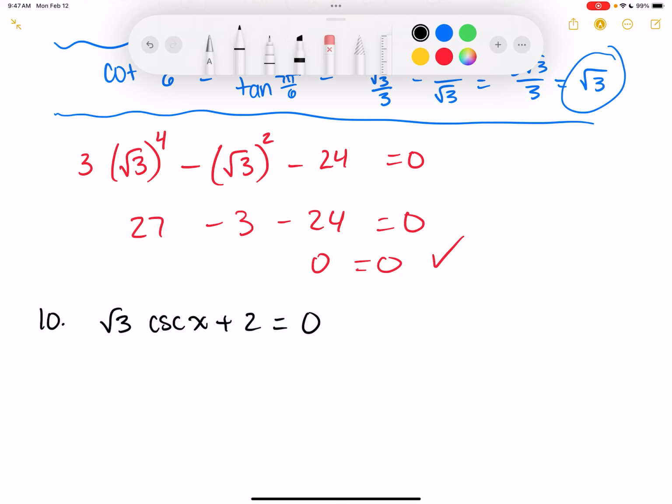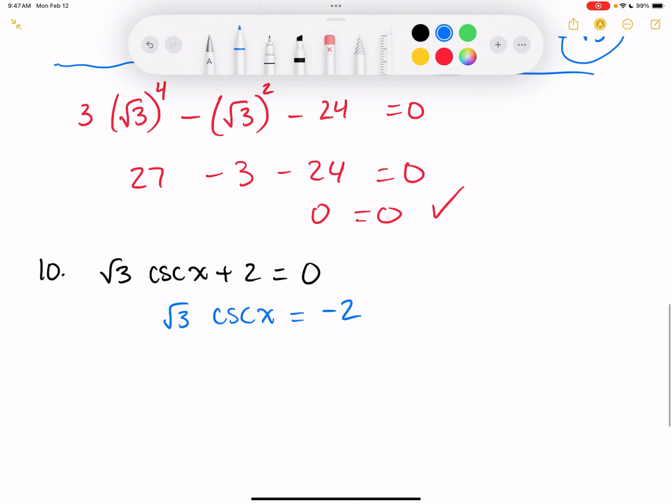So let's just initially solve for the trig function. So how would I get cosecant of x by itself? Subtract 2. And then divide. So then cosecant of x is equal to negative 2 over the square root of 3.